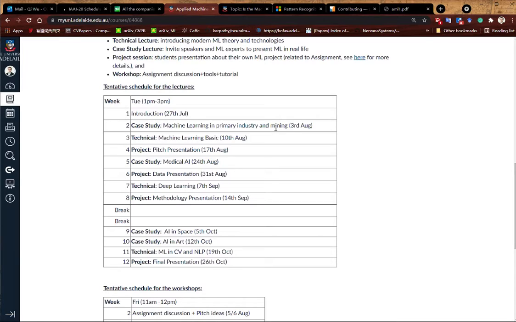For the project session, we will try to divide it into two groups. One group is local, face-to-face students, and one group is online students, so you can do the online presentation. We have our tutor or another lecturer to check the online session, so there shouldn't be any problem with that.